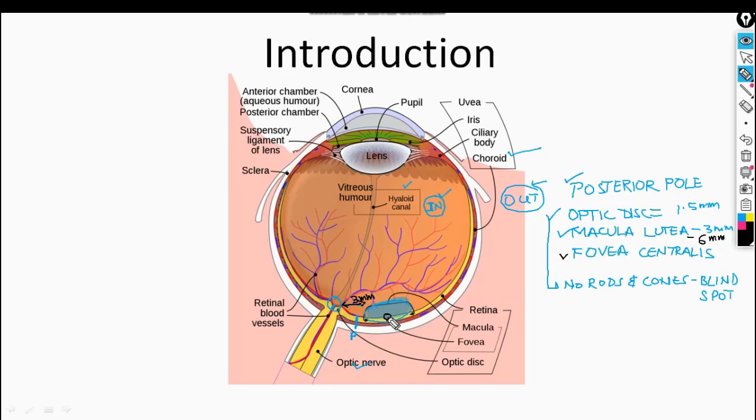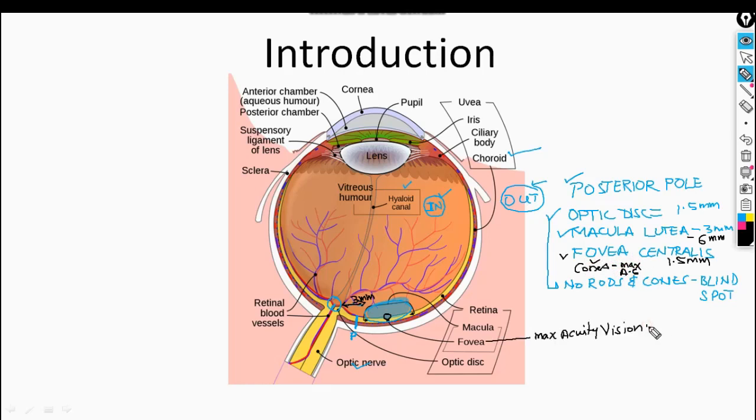The fovea centralis is about 1.5 mm in diameter. In the fovea centralis, only cones are present, no rods, only cones. So this point, the fovea centralis, is the point of maximum visual acuity.